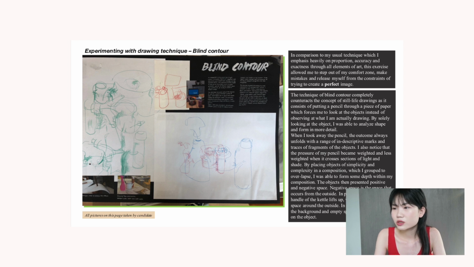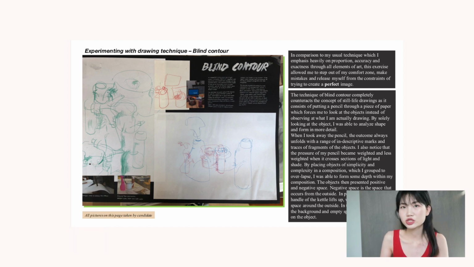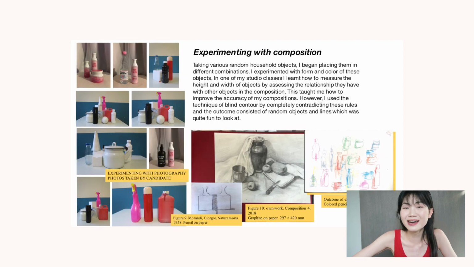This one I did was blind contour, where you poke a pencil through a paper and you just draw without looking. For instance, this was skills, techniques, and processes. Throughout these slides, I didn't have much of ideas and intentions, but there's still some refining and reflecting. Still pretty much just figuring my life out.